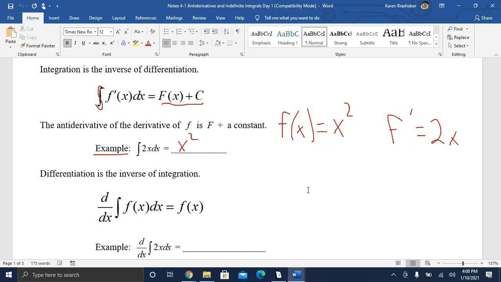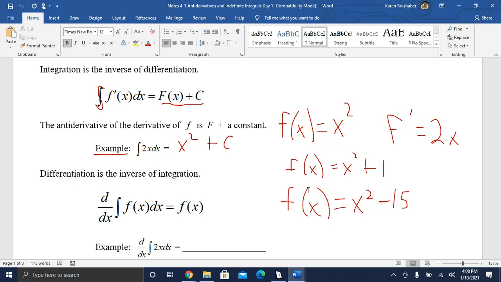But it's also true that x squared plus 1 would have a derivative of 2x, or x squared minus 15 would have a derivative of 2x. And therefore, we will add an unknown constant to create that family of graphs that has a derivative of 2x.